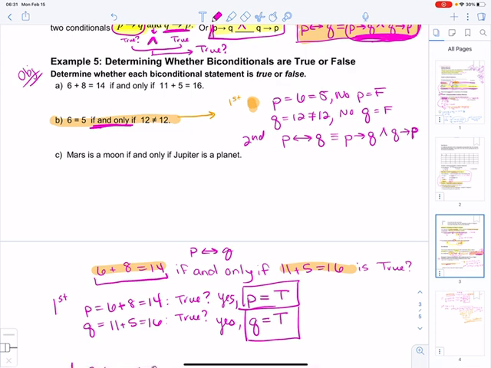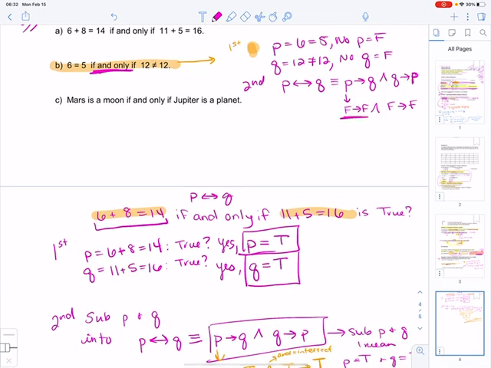And I'm going to sub F implies F and F implies F here because they're both false. I know that when I look at this statement, remember this is a conditional statement and there's only one case where it's false, and that's the case where you get lied to. So this becomes true, and this statement is true as well.